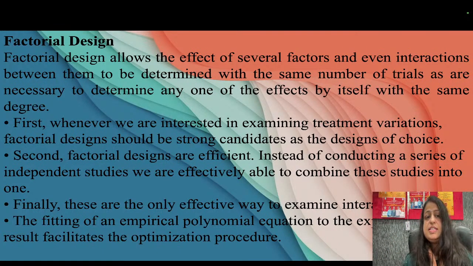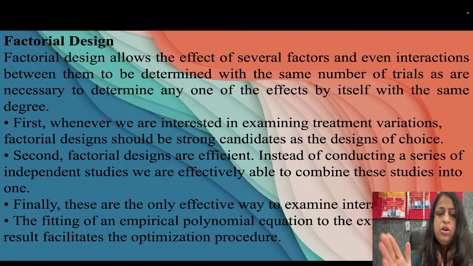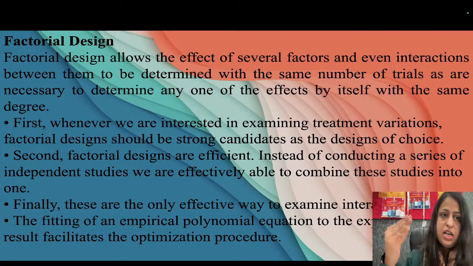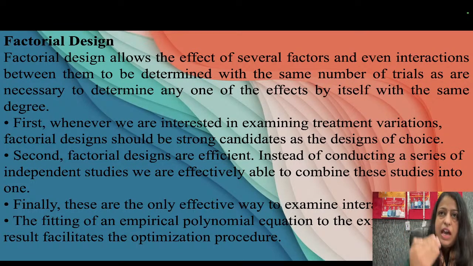So finally, this is the only effective way to examine the interaction effect. As just discussed, the individual effect as well as the interaction effect we can study by using this factorial design. By fitting the data into a polynomial equation, it helps us to optimize the factors.